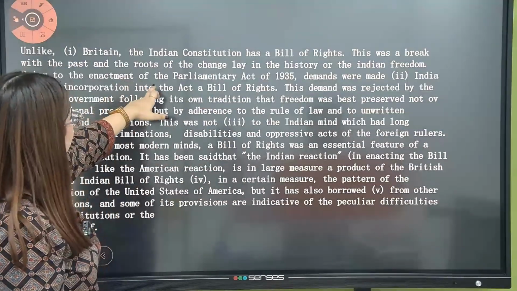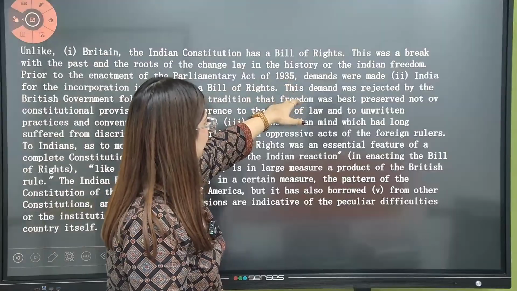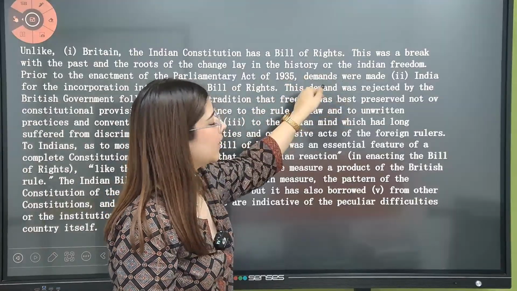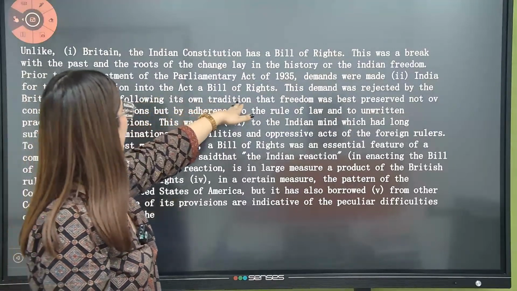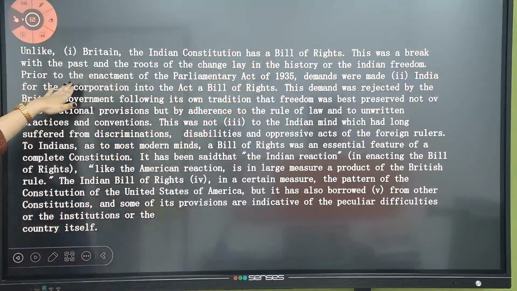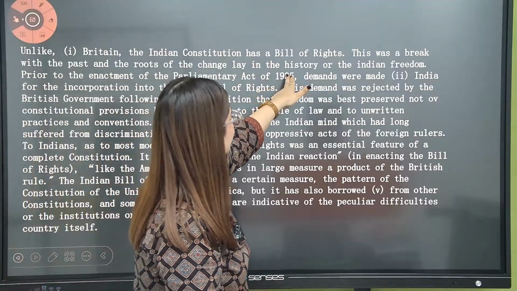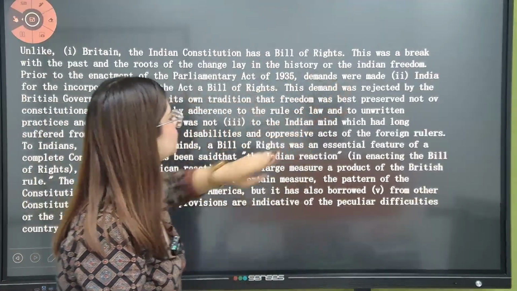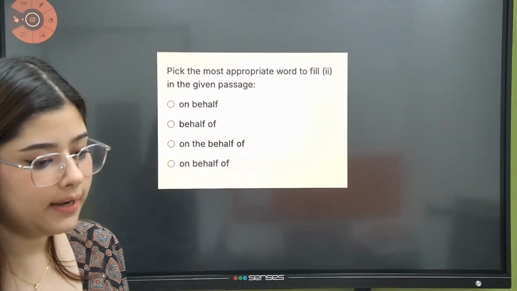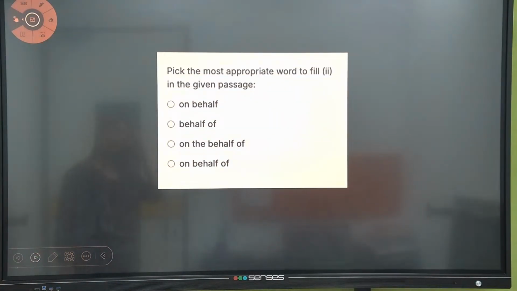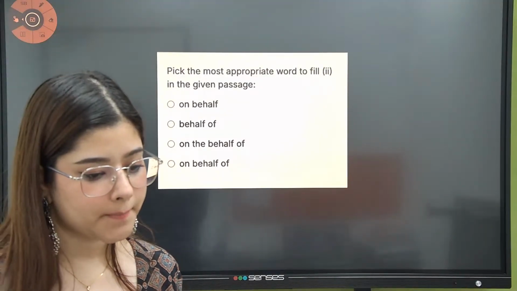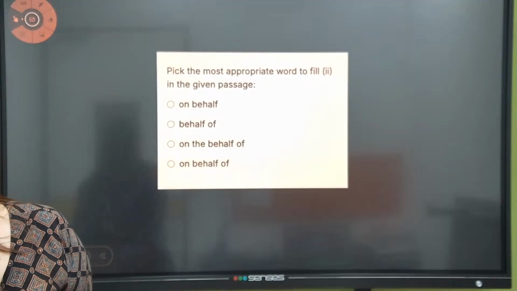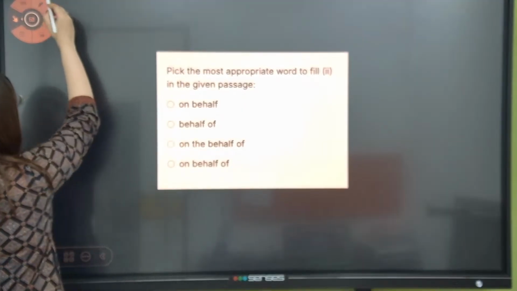Prior to the enactment of the Parliamentary Act of 1935, demands were made dash India for the incorporation into the something something. Demands were made dash India.